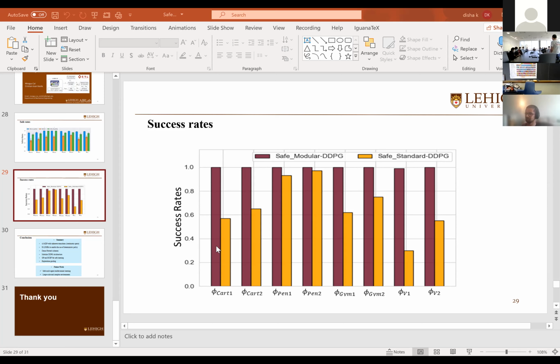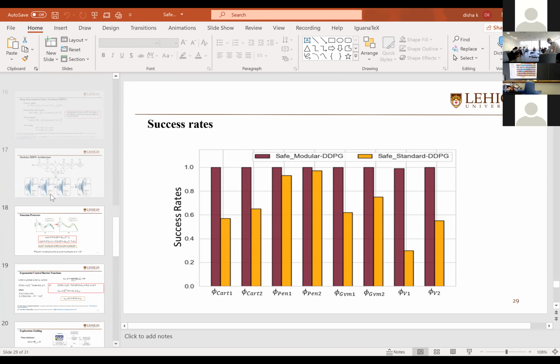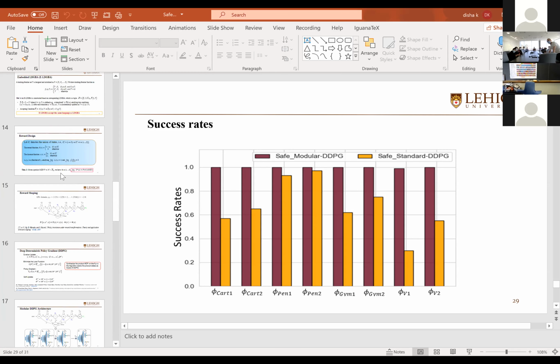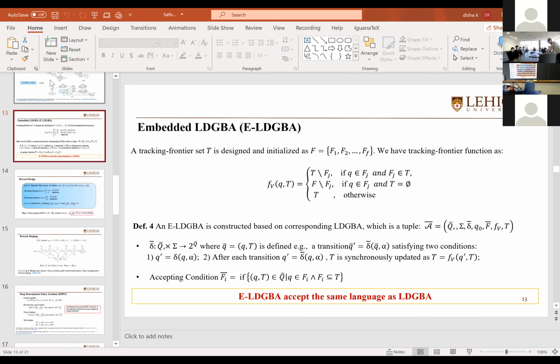Could you please give an example of how you obtain the LDGBA? On the LDGBA slide, yeah. For the same specification, how do we make sure that we have multiple final states? Oh, the LDGBA, I translated using a tool.